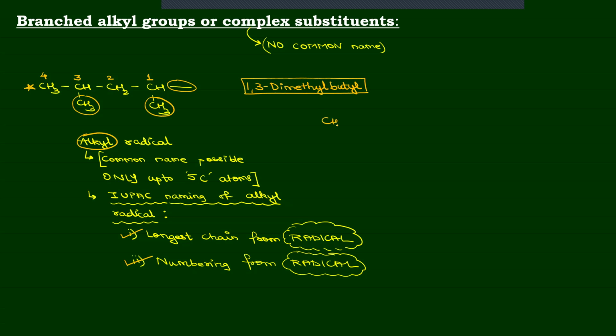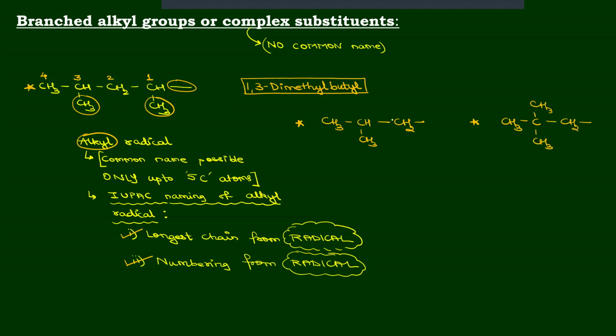Let's try some more examples. If I have CH3, CH3, CH2 radical, how many carbons in the longest chain? 3. Perfect. And numbering will be done from right to left.